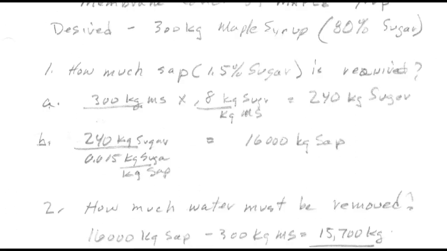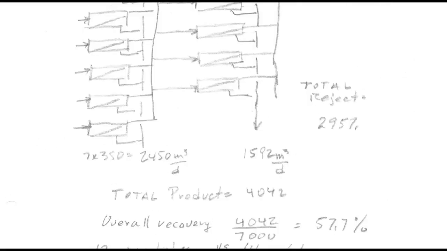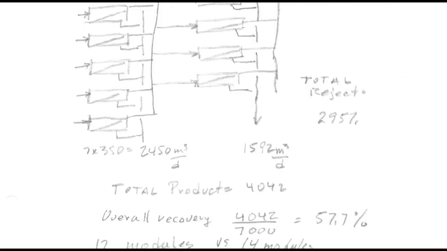So the total is slightly over 4,000, and again we get 57% recovery, which is always going to be the case if you have 35% followed by 35%. So this example would use 12 modules versus 14 modules. That is an obvious savings of equipment and installation costs.